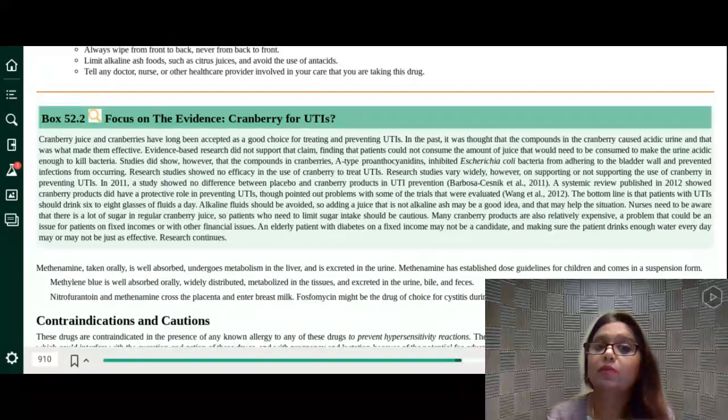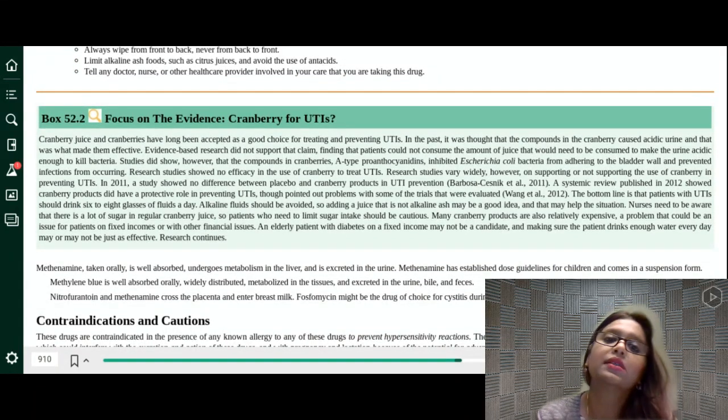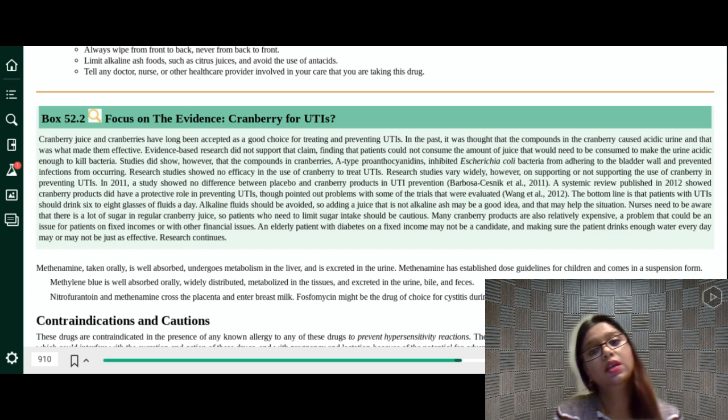One of the most important points I want to tell you is about urinary tract infections. There's a very good chance we can give them cranberry juice. Cranberry juice is something all physicians will advise to all patients, that cranberry juice flushes out infection. It kills the bacteria. So this little point, box 52.2 in your book, talks about how cranberry juice is very good for UTI patients.